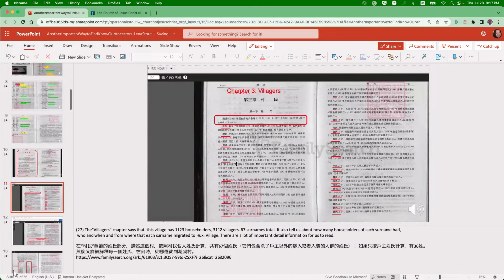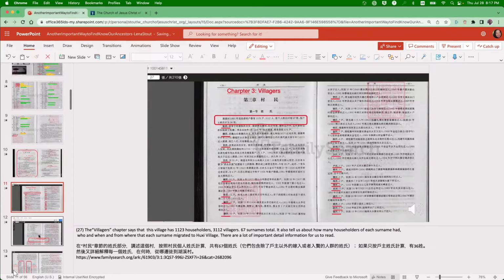The short one, that's the surname they have. This village, they said here, has 36 surnames. They list what surnames they have in this village, and who is the first person to come to this village, and when, why, and how they moved to this village.